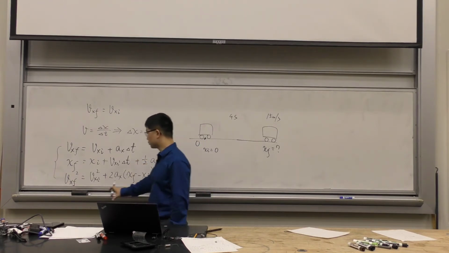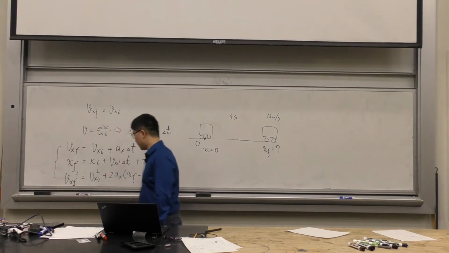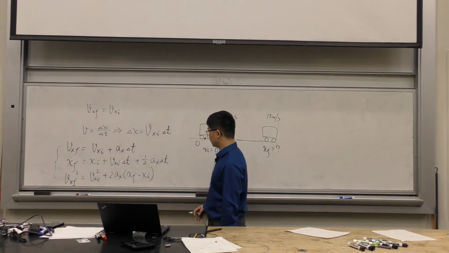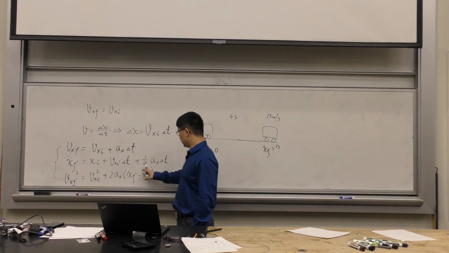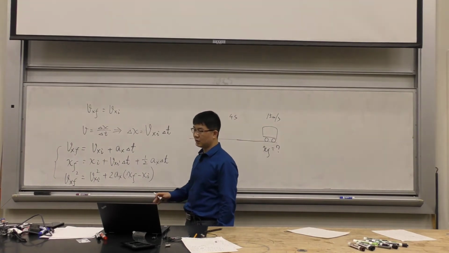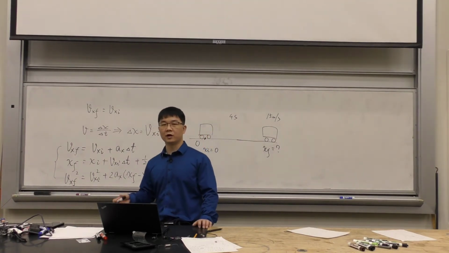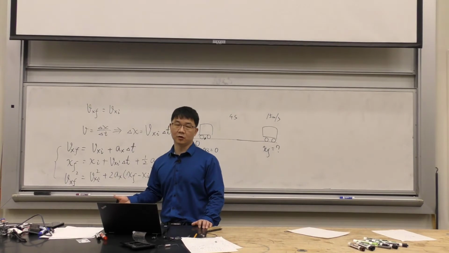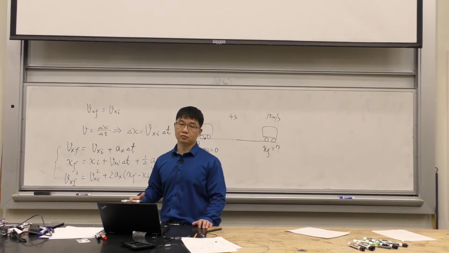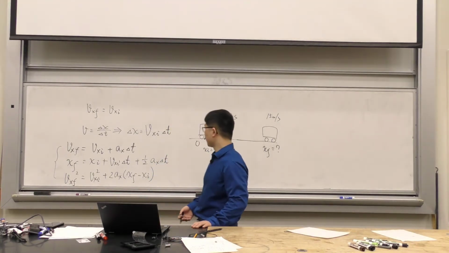You see that both of them have xf in it. So let's try the second one. If the second one doesn't work, we can try the third one. Sometimes you don't pick the right one in the first place, because there are always 3 equations you can choose. And if you realize it doesn't work, that's fine. Just try another one.